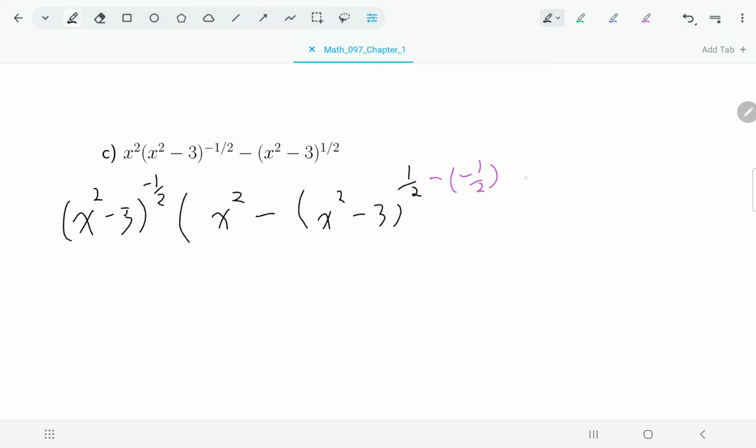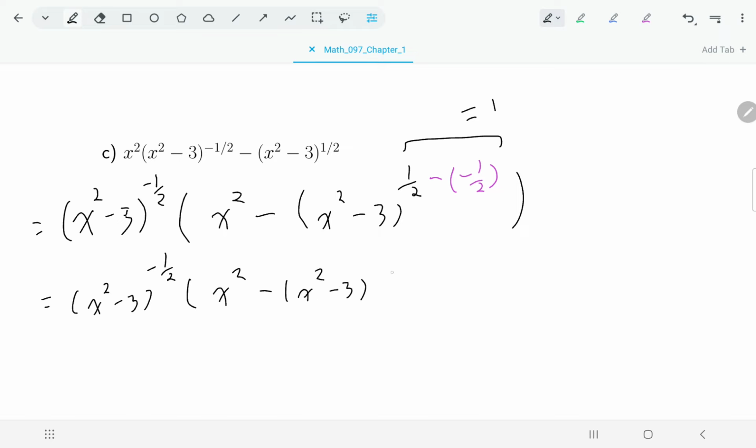So for my new power, it should be half minus negative a half, which is the same thing as positive 1. So I've got x squared minus 3 to the negative a half times x squared minus x squared minus 3 to the 1, or in other words, minus x squared minus 3.